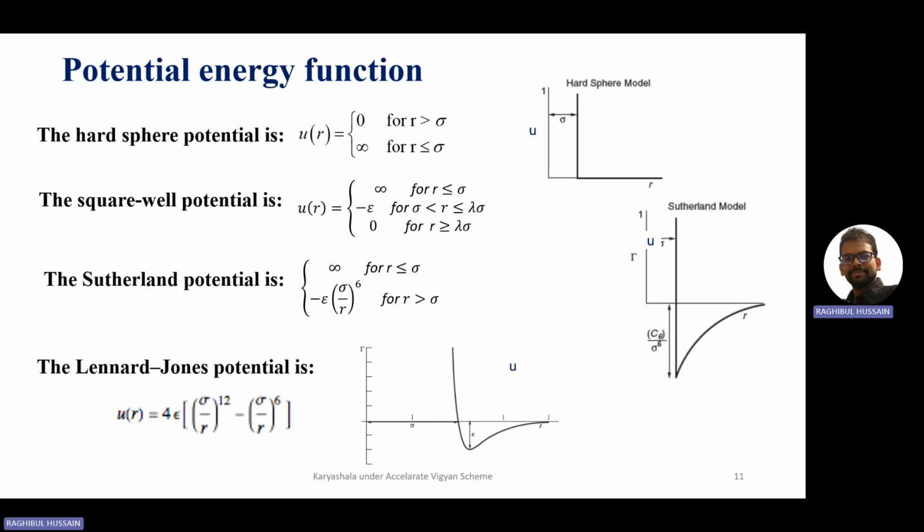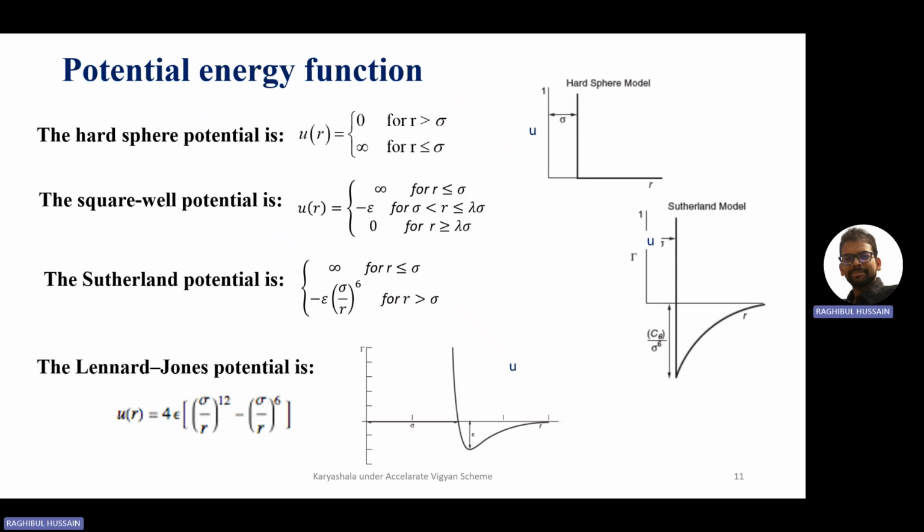So if the centers of the two particles are here, then whenever they are in contact, the energy is infinite. That means repulsive energy goes towards the positive direction, so attractive energy will go to the negative direction, right? And whenever this contact is lost, the energy becomes zero.